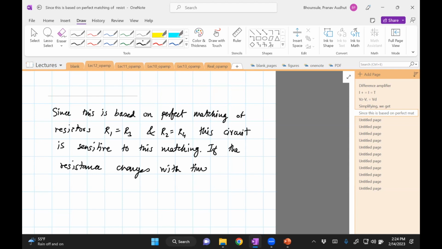An example of that change would be heating.